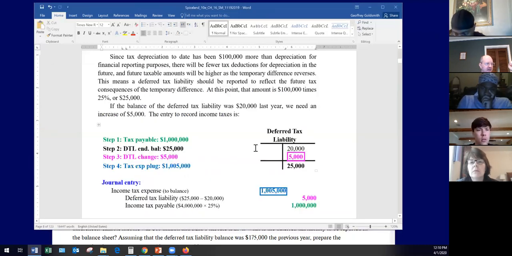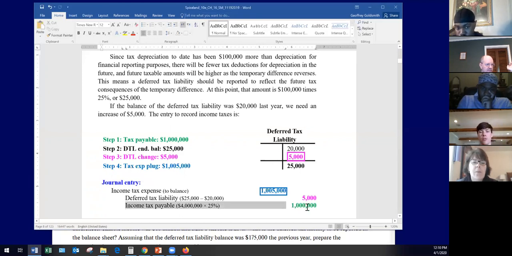You would simply say our depreciation expense in the books is this amount this year. Our tax deduction is this other amount, and the difference is the deferred tax liability. So what they're trying to do is make it into a way of solving a math puzzle.